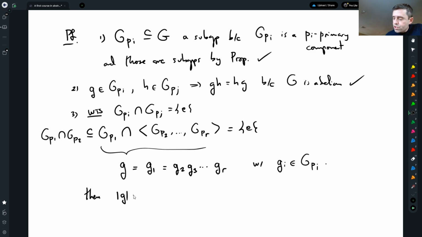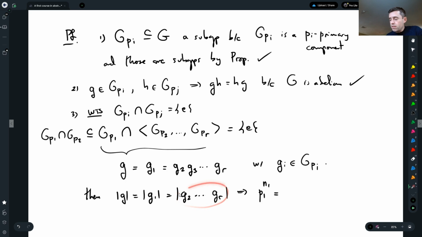Then notice that the order of g1 is equal to the order of all these elements put together. But the order of g1 is a power of p1, so there is some power, p1 to the n1, let's say, that has to be equal to the order of this element. But the order of this is a power of p2, the order of this is a power of pr.